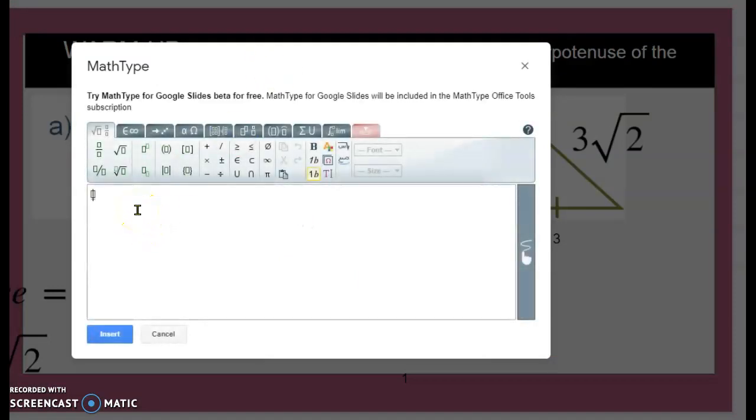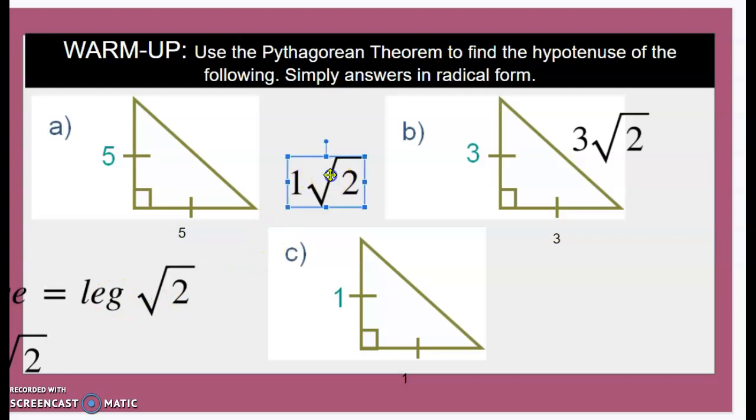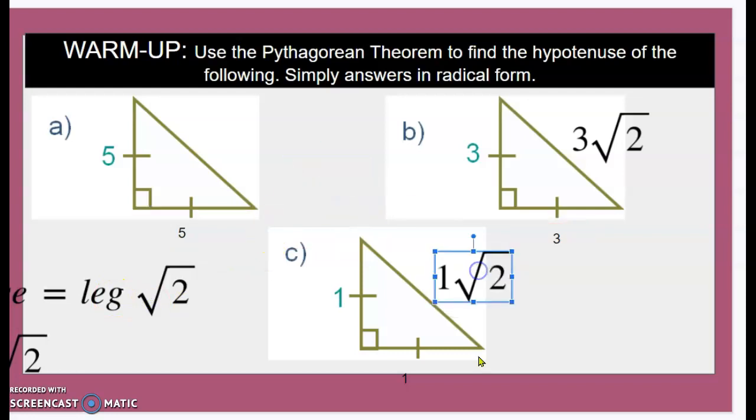All right, you don't have to put a 1 in front of the square root of 2, but just to emphasize that it is the leg times the square root of 2, I'm going to go ahead and write the 1. Okay, so once again, the legs are congruent, 1 and 1, and all we have to do to get the hypotenuse is to take the leg and multiply it times the square root of 2.